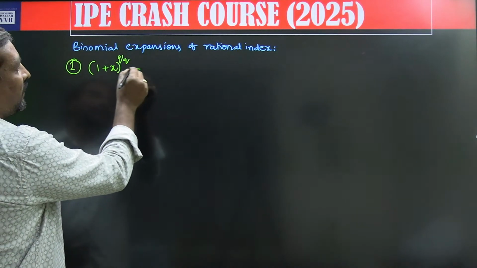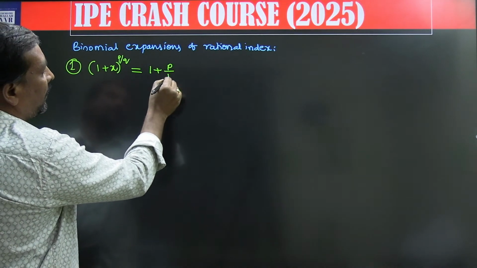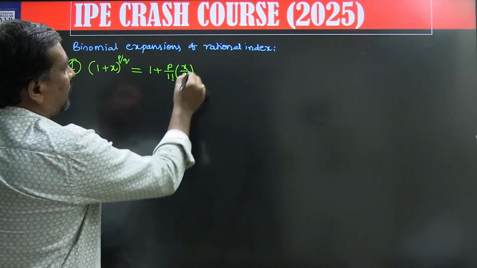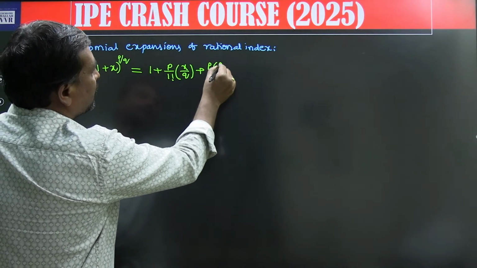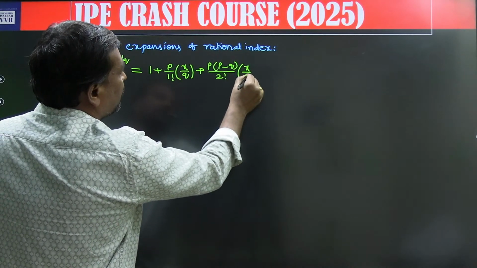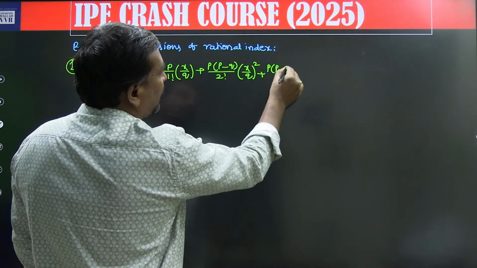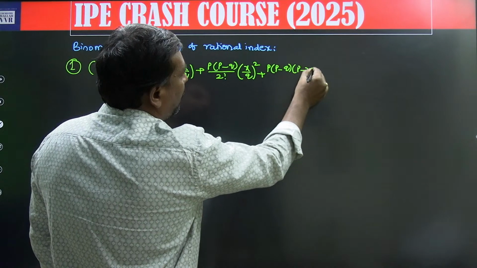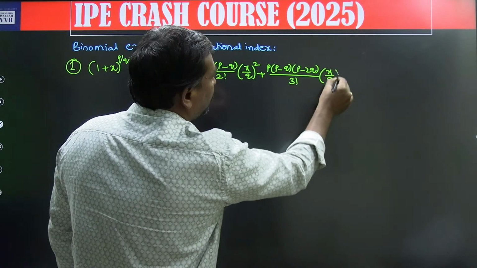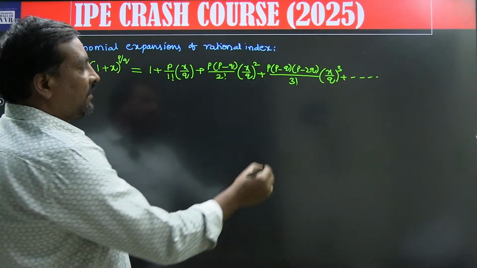It is (1 + x) to the power of p by q, which equals 1 + (p/1!)(x/q) + [p(p − q)/2!](x/q)² + [p(p − q)(p − 2q)/3!](x/q)³ and so on, an infinite series.